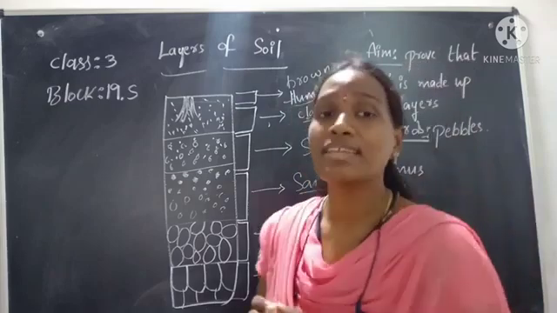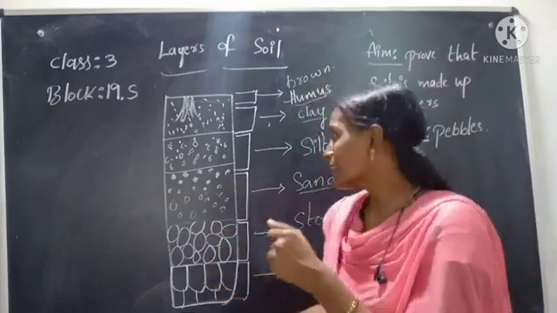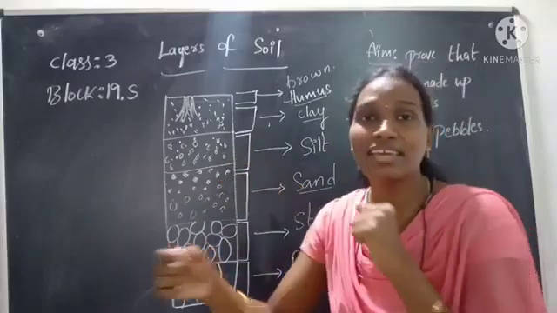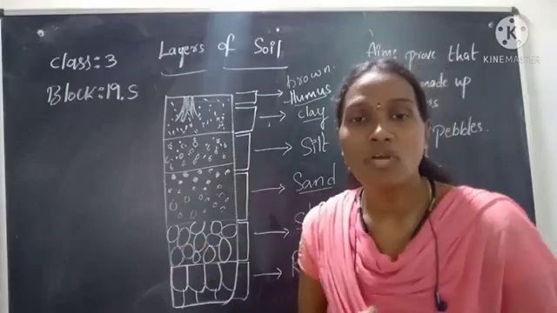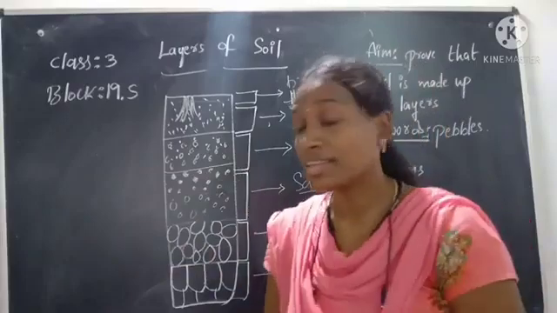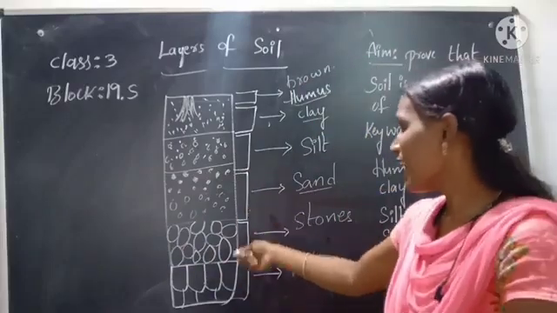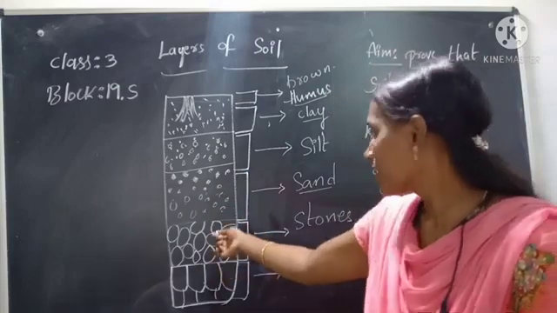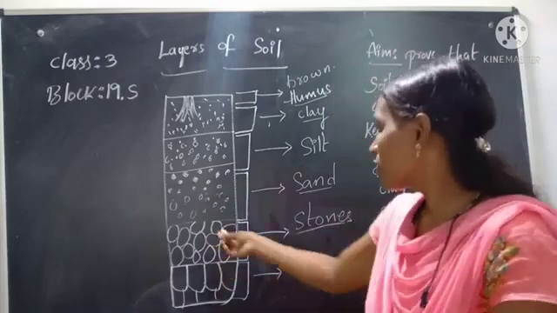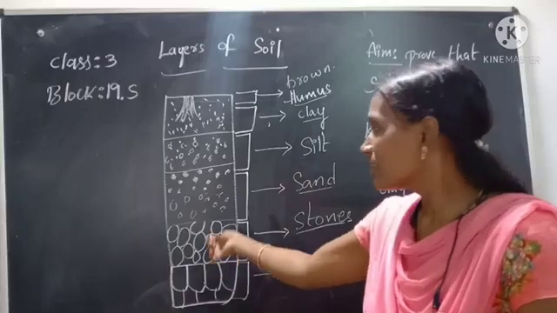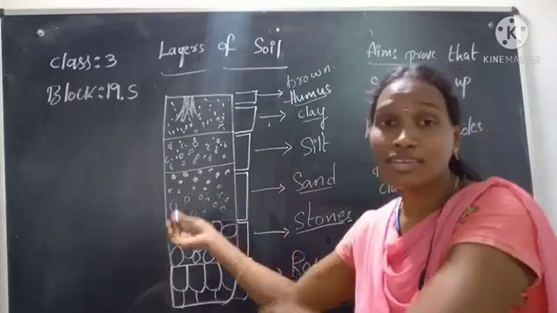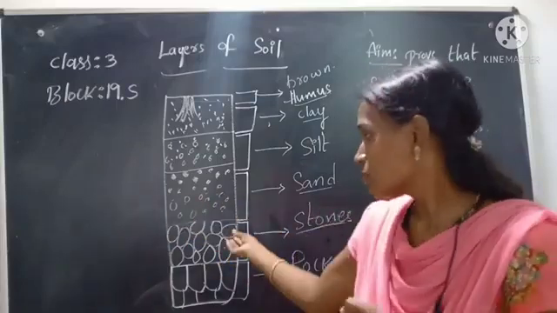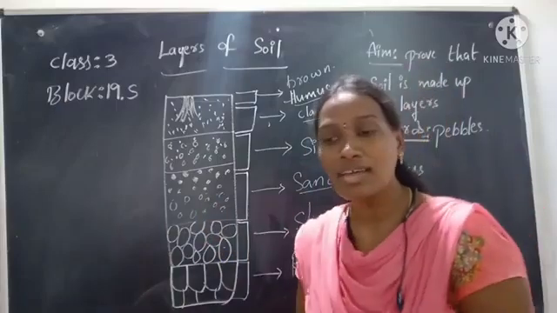The fourth layer is sand, which has bigger particles compared to silt. Next, the bottom layer. Compared to sand, here you can see much bigger particles, that is stones. Sand is much smaller than the stones.